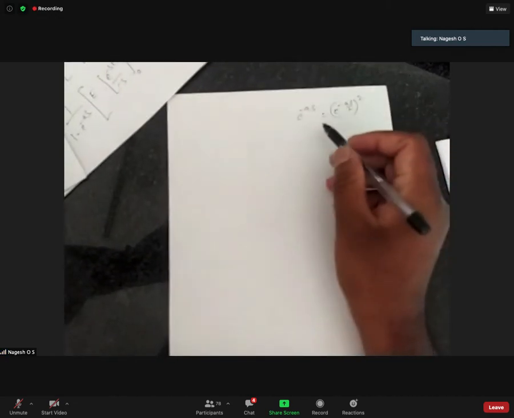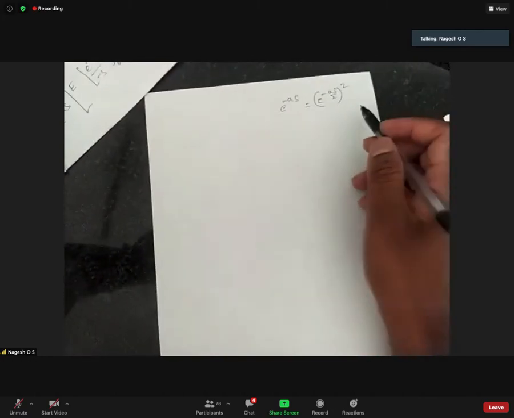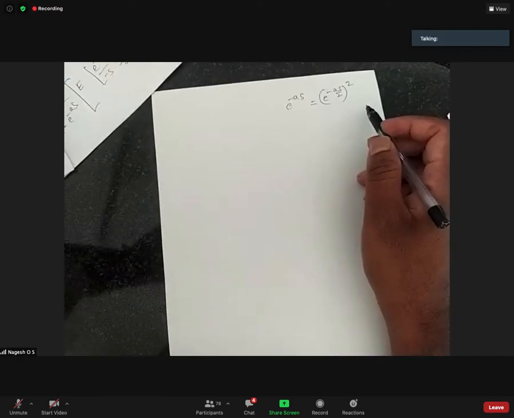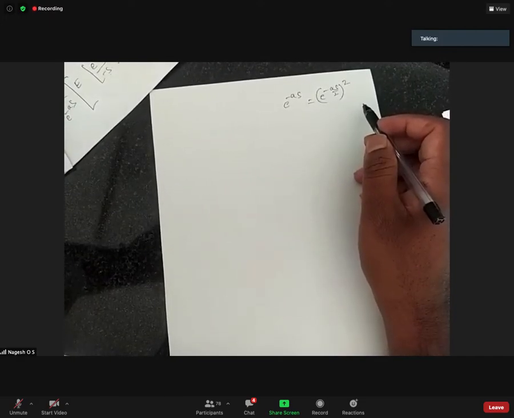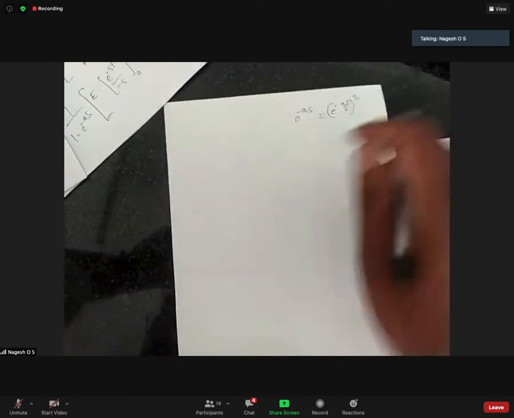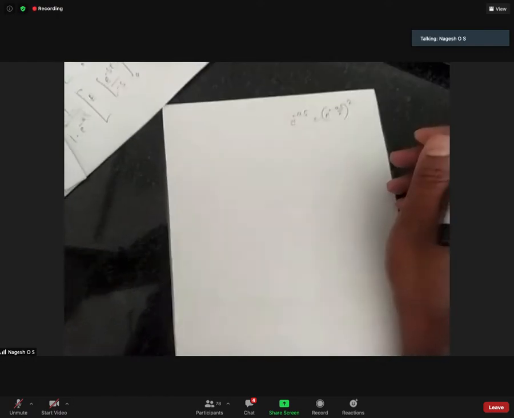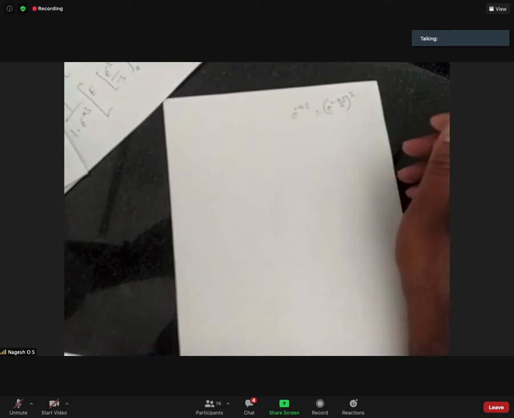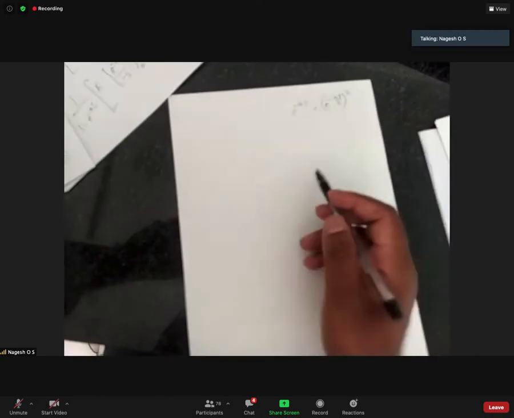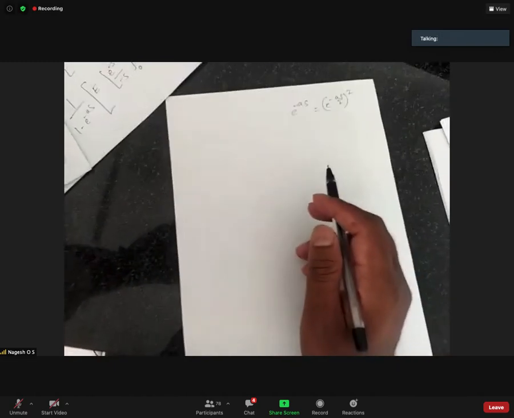Can I write it like this? So what happens? Here is the last sheet. Yes, this is the last sheet.